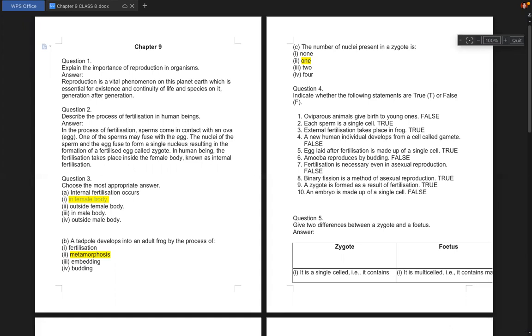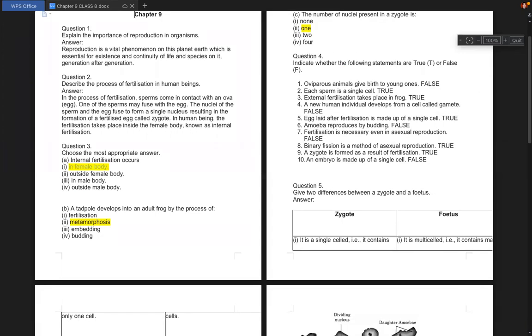Then question number 2 also you will do in your copies. Process of fertilization in human beings. In the process of fertilization, sperms come in contact with an ova or an egg, right? In place of ova, you should write ovum.